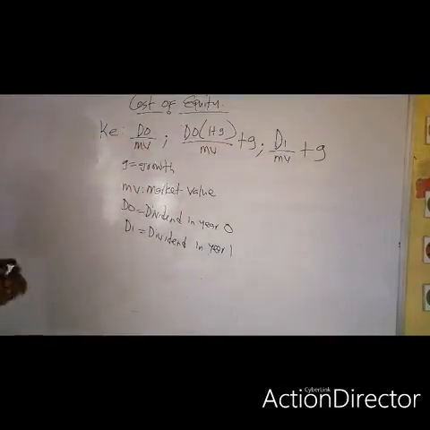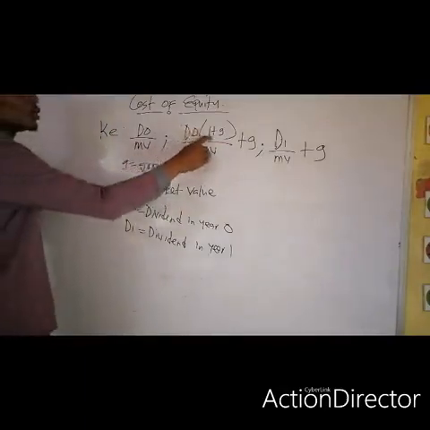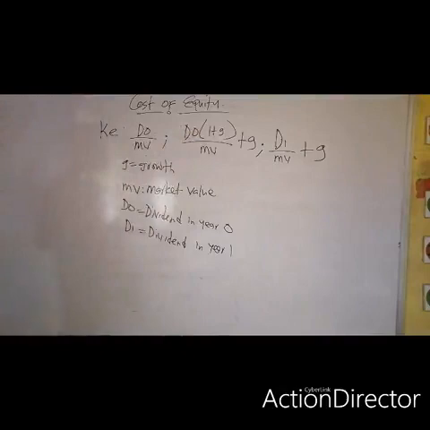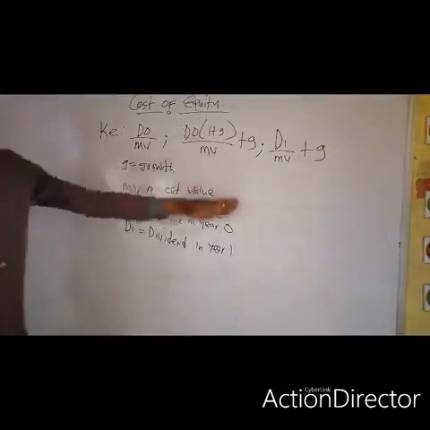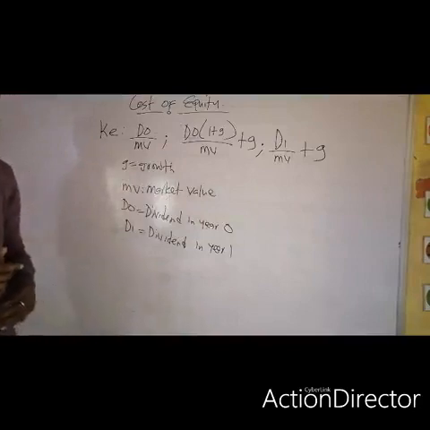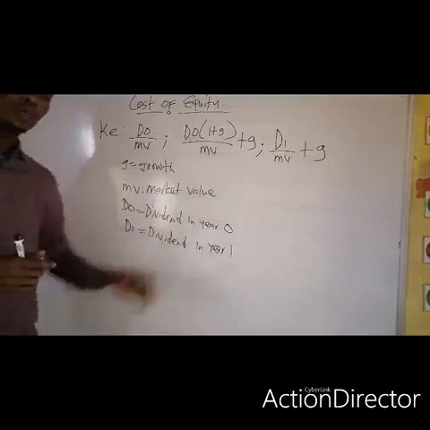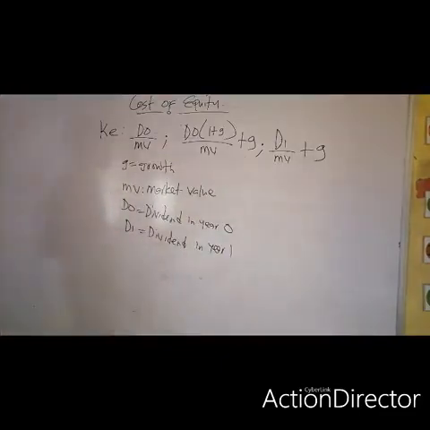Now, another question is how do you come to the issue of growth? Looking at the past dividends paid by a company, we can see whether there is growth in the dividend payment of that company or not.